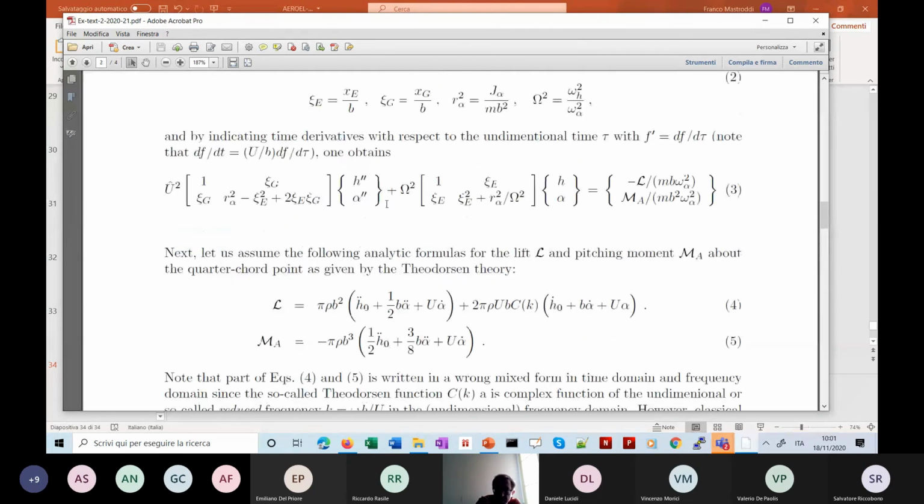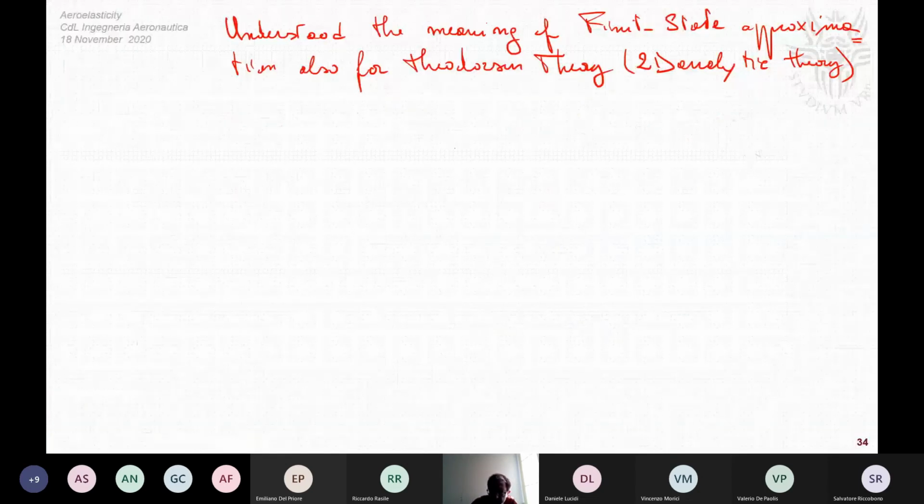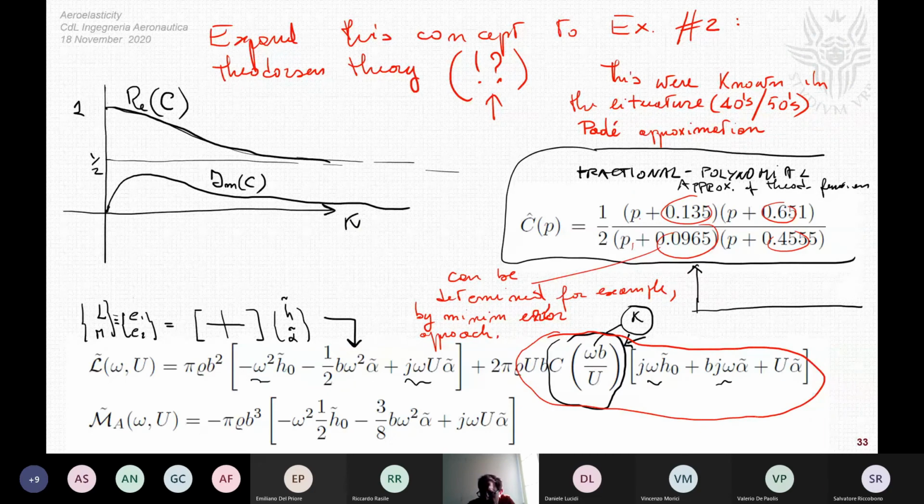Look, here you have the multiplication of the Theodorsen function by the state space variable, but this Theodorsen function multiplied by the state space variable could be at the beginning directly a new space variable beta, like R before.